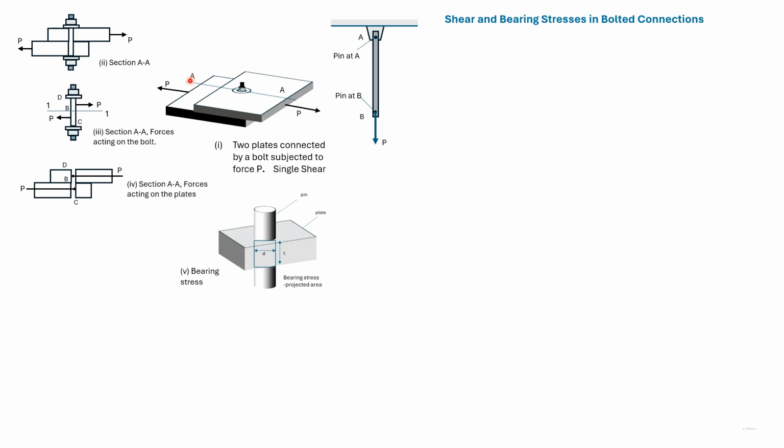We take a section AA and this is the corresponding diagram. Here we see a force P due to the plate onto the bolt. This is an action force. So the bolt will react with a reaction force onto the plate. This again is an action force.